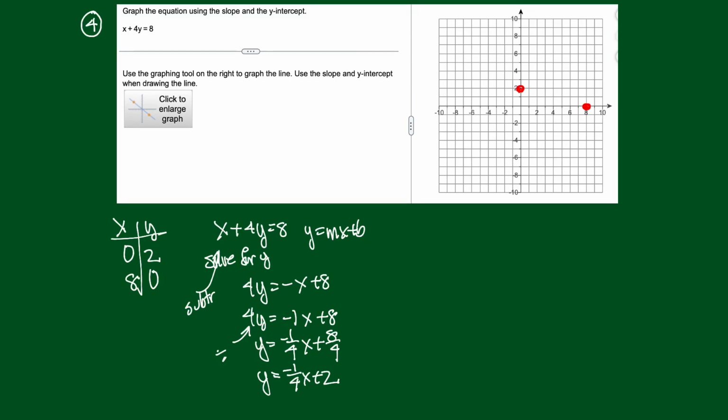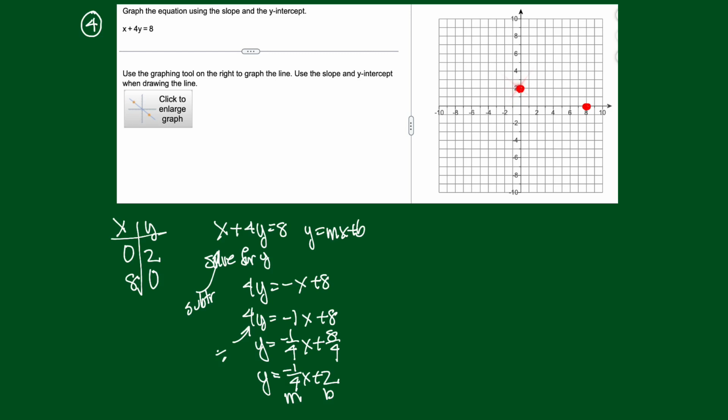Now the slope here's our slope, and there's where it crosses the y-axis at 0, 2. So let's put a point there. So put a point at 2 on the y-axis. Well, we've got it already because we did this in intercept form, so I've got that point. Now, get another point using the slope. So starting at that point at 2, go to the right 4, down 1.